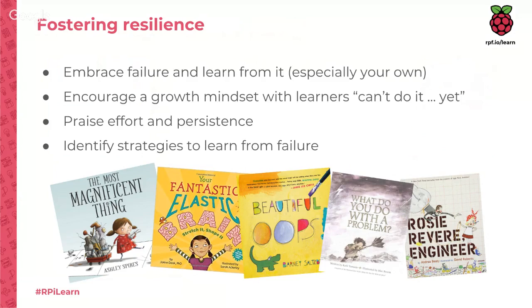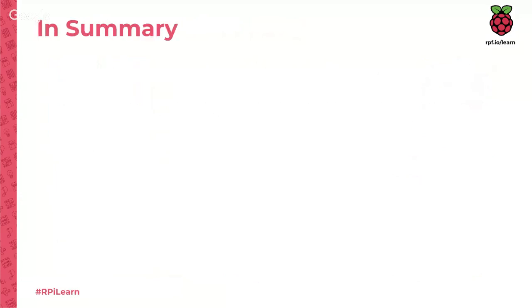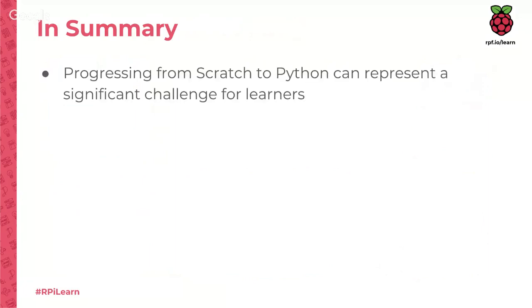So that is a really important piece of this, and I think those bits should be given equal weight to the language and the technicalities and the concepts that we're trying to teach.